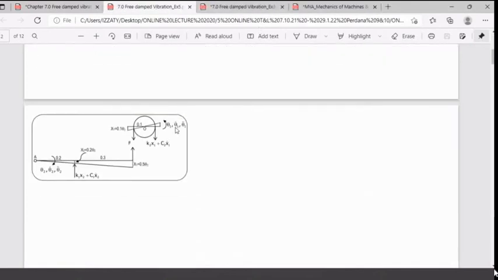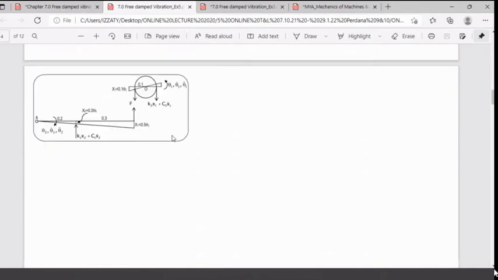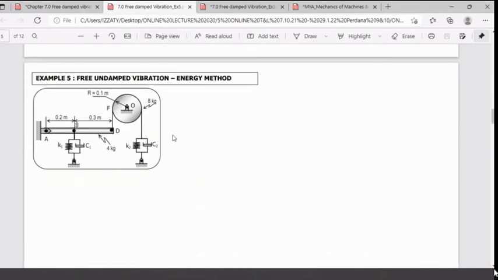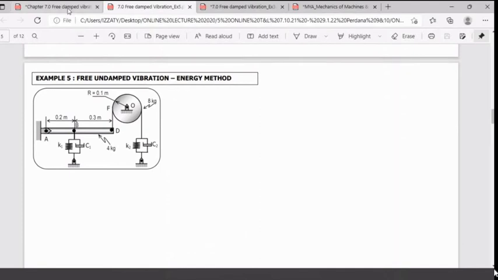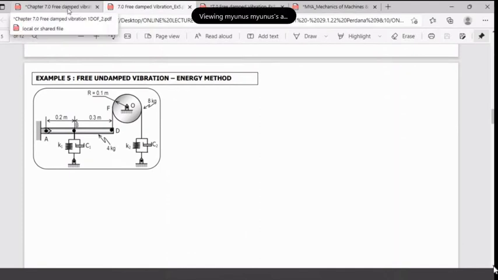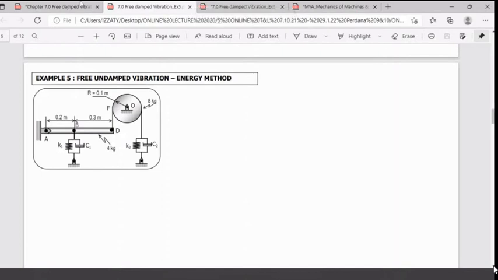So I'm going to solve this one by using the equivalent method. Energy method is not our interest now. So to solve by using the equivalent method, EQM is the equivalent method.